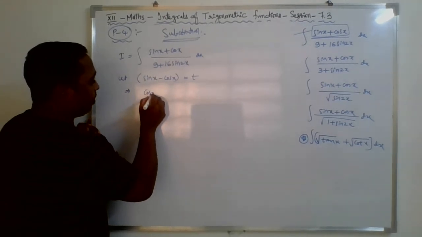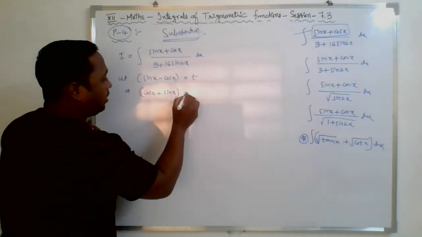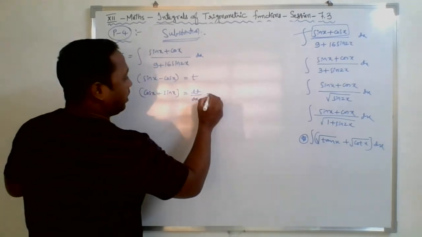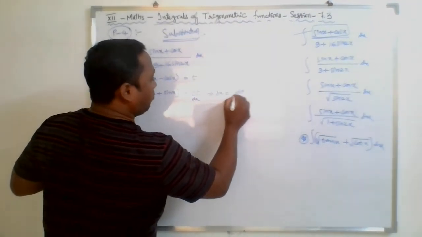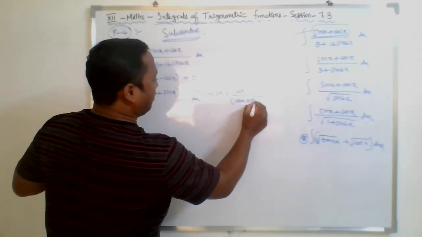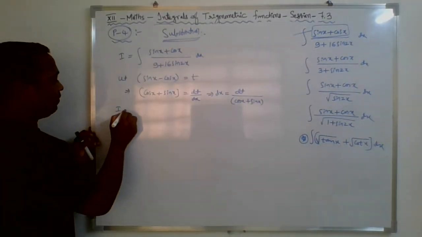Cos x plus sin x is equal to dt by dx. So it implies dx will be dt by cos x plus sin x. Correct. So what is left inside?